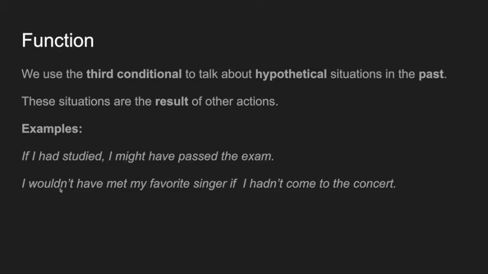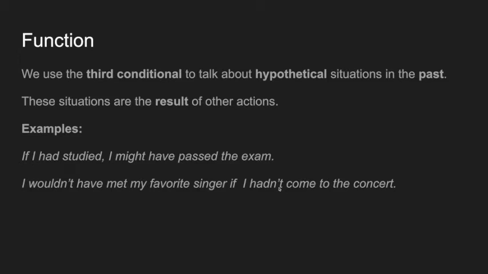Now let's see the next one. I wouldn't have met my favorite singer if I hadn't come to the concert. So these two are, again, hypothetical situations. These are unreal. These didn't actually happen. But because we have a negative, wouldn't and hadn't, that means that these situations did happen.